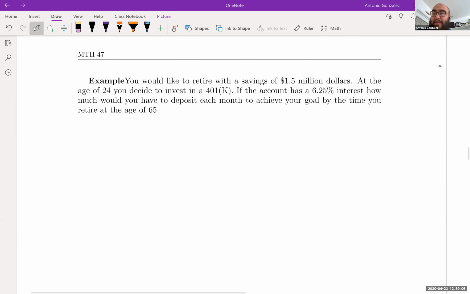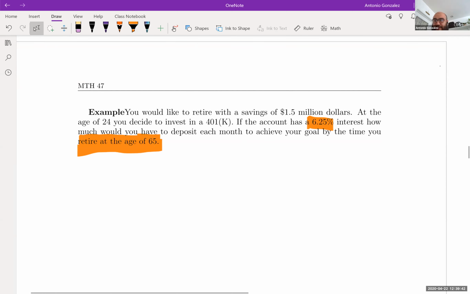So now let's take a look here. It says that you would like to retire with a savings of $1.5 million. And at the age of 24, you decide to invest in a 401k. If the account has a 6.25% interest rate, how much would you have to deposit each month to achieve your goal by the time you retire at the age of 65? So we're going to deposit each month.